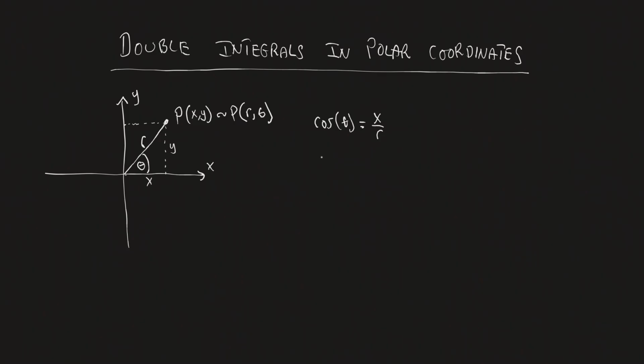Then I can solve this for x, and x is equal to r cosine theta. If we do something similar with the sine ratio, the sine of theta is the length of the opposite side, which in this case is y, divided by the same hypotenuse, which is r, so y over r. Do my little bit of algebra: y is r sine theta.